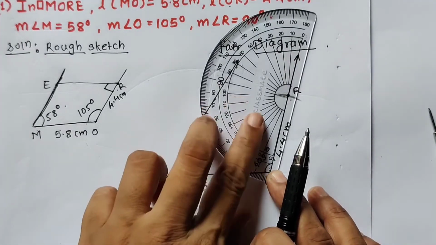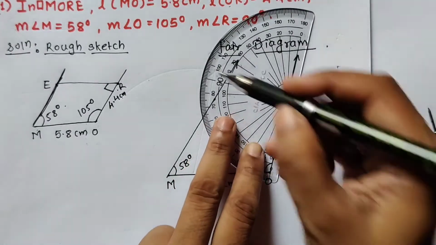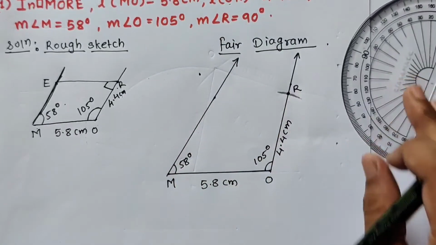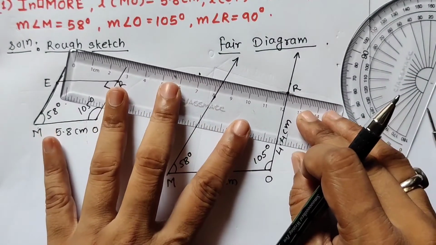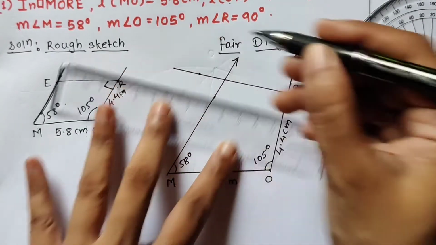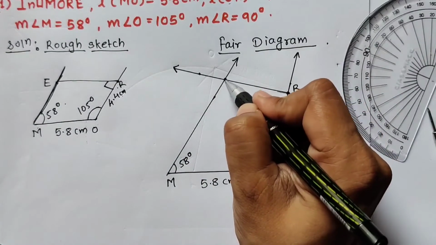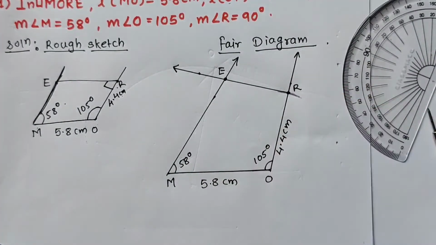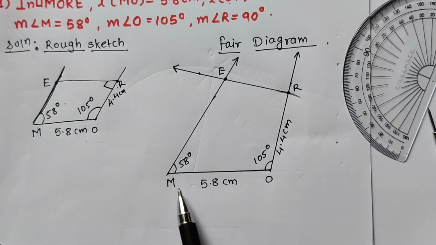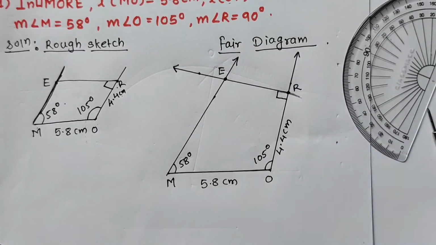So downward 0 I will have to count, and see that it should be placed properly. And at 90 I am going to make a mark, put a point. Now draw a ray from point R. This way we can draw a ray, and this is our point E. So in this way MORE we can draw a quadrilateral where 2 adjacent sides and 3 angles are given.